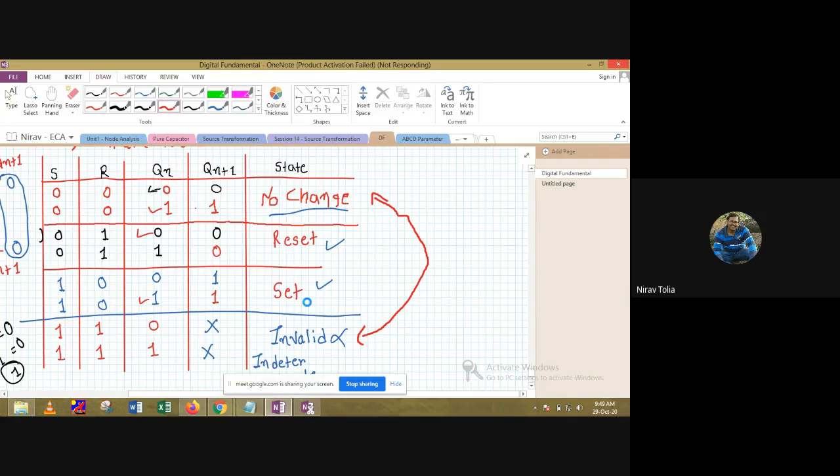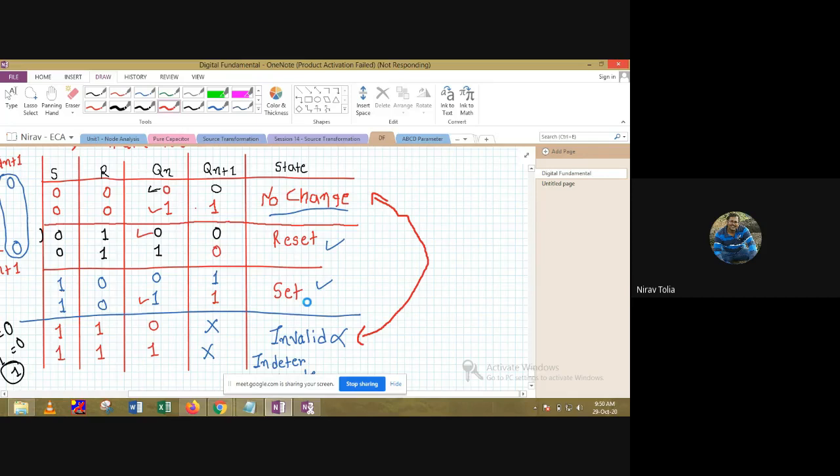Let me again define it. Suppose the same thing when we are using the NOR gate and my S R is 0 0. At that moment we have a state of no change.